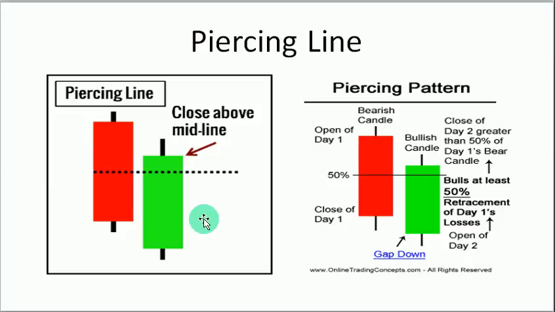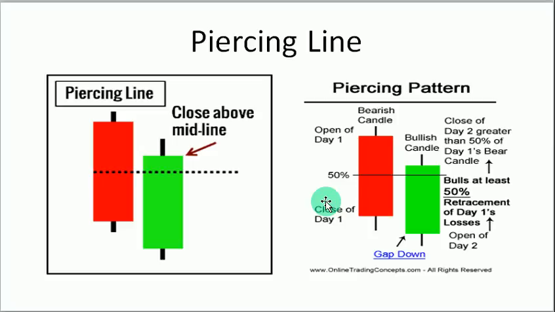this one, a bullish piercing pattern, would show up at the end of a downtrend. Say there's a downtrend, and then you see a bar that has a gap opening. There should be some sort of a gap down, and then it retraces back 50% to the prior candle's body.